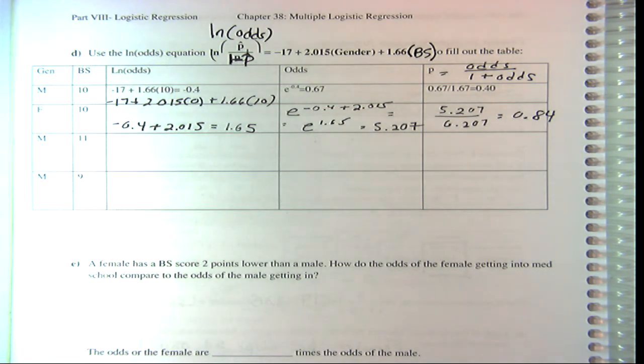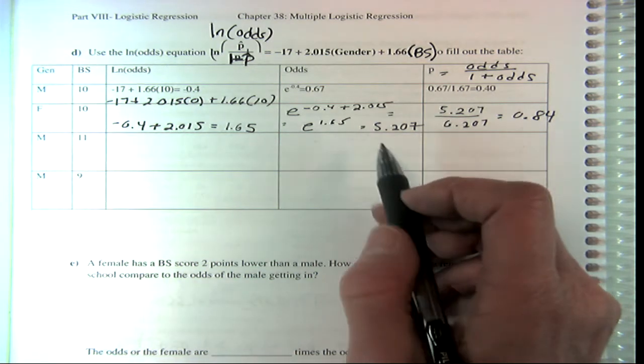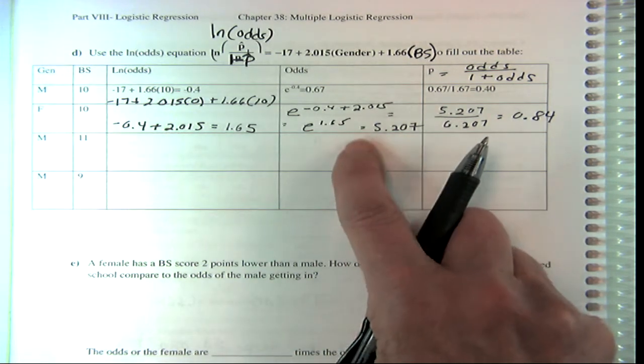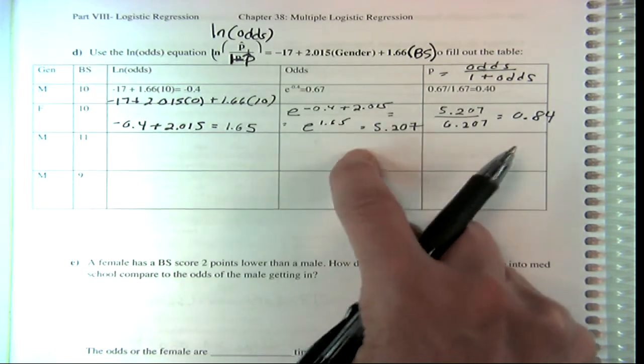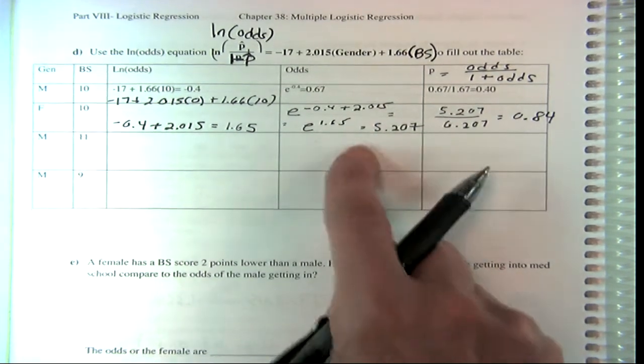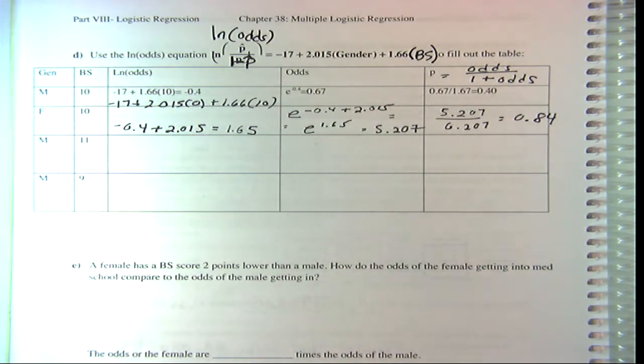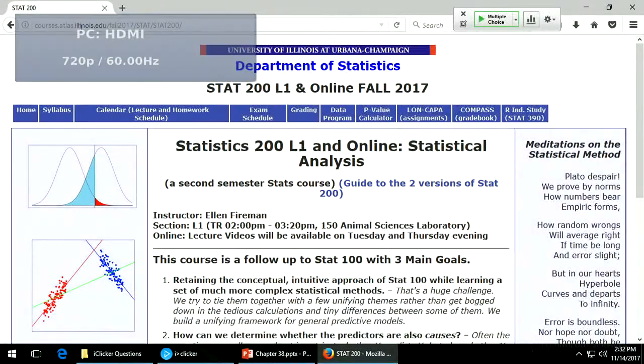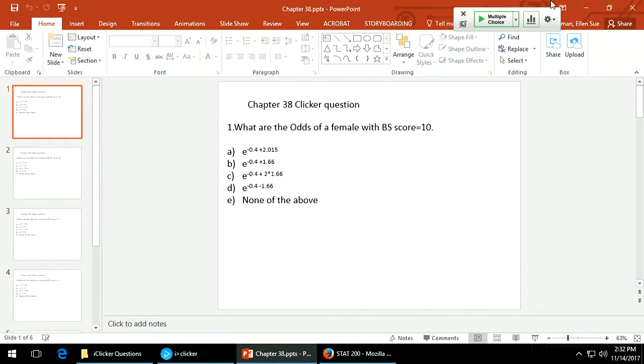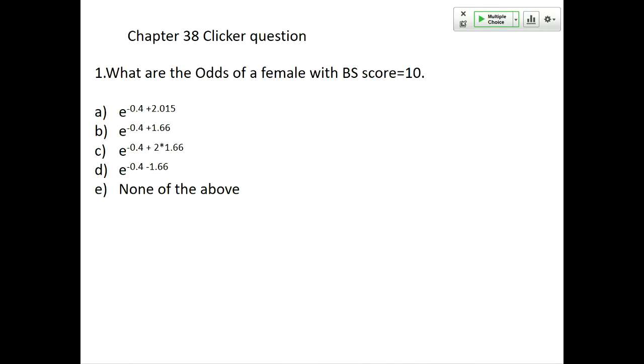Okay, so the iClicker questions are just asking you for these two blanks. Actually, for this one, we already did it, so we'll just do these two. So this is the one we just did.